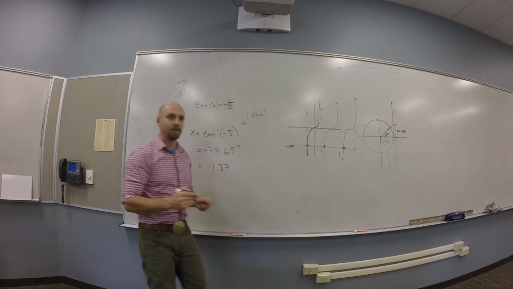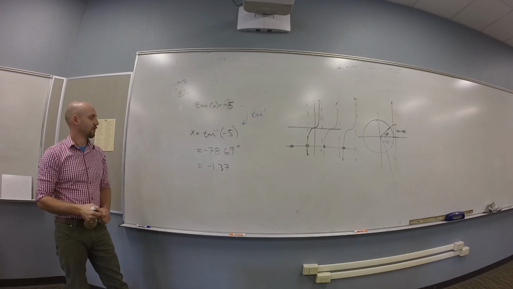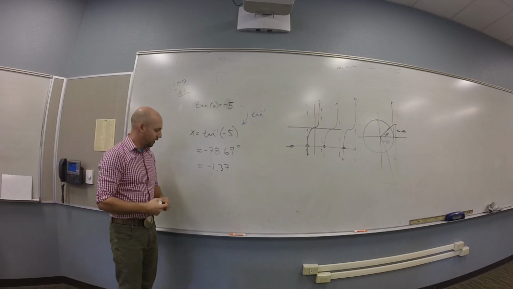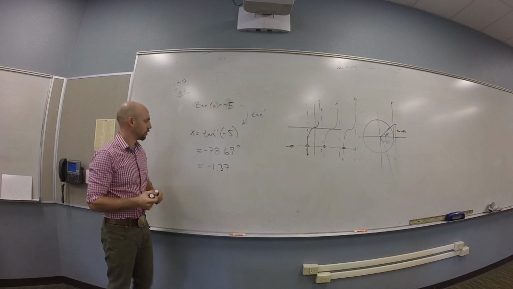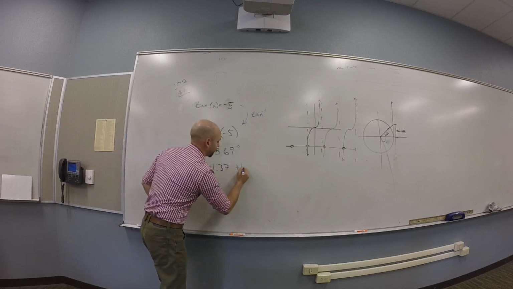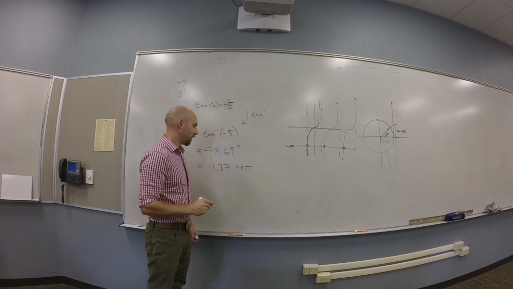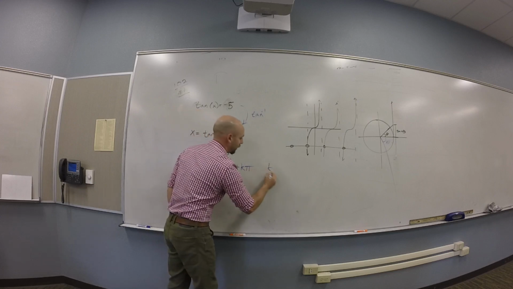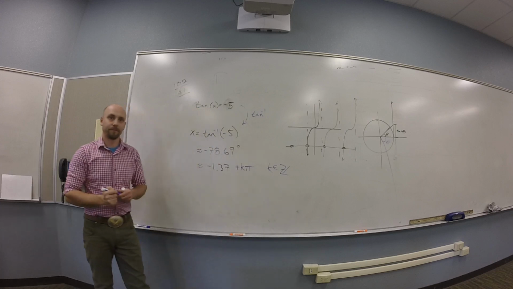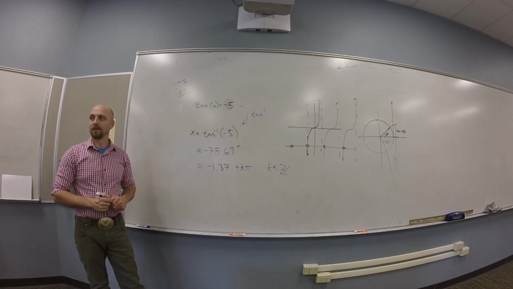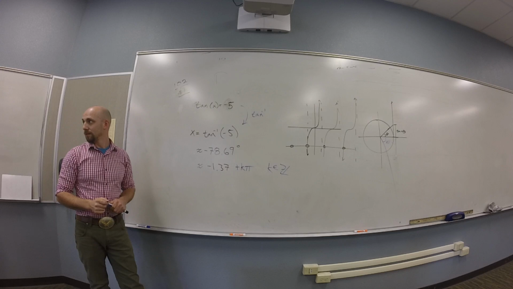So in radian land, how would I write that? Plus k pi, where k is an integer. Yes? No? Maybe? That kind of makes sense.